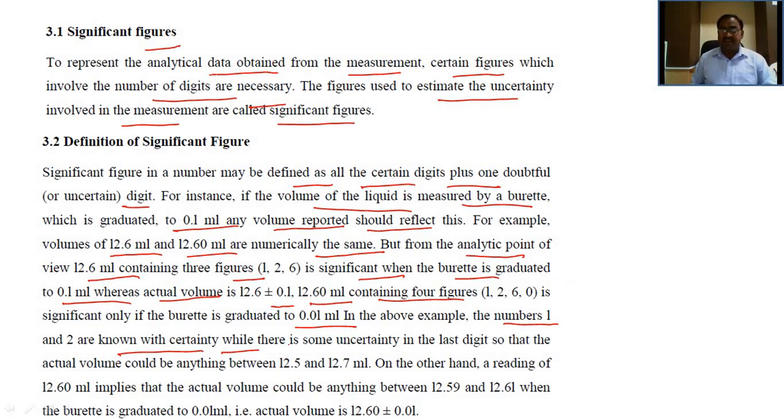On the other hand, a reading of 12.60 ml implies that the actual volume could be anything between 12.59 and 12.61 when the burette is graduated to 0.01 ml. That is, the actual volume is 12.60 plus or minus 0.01.